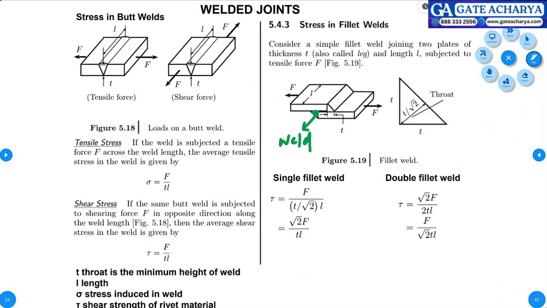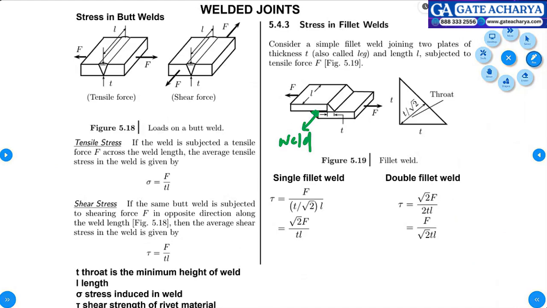So throat is the minimum height of the weld, this height or this height. Why do we take a minimum value? Then only the stress induced will be very high, and accordingly we'll select the material and the factor of safety. That's why we are taking the minimum.